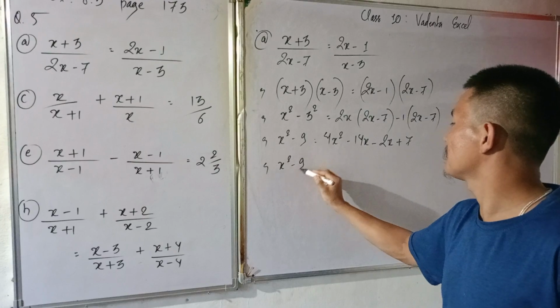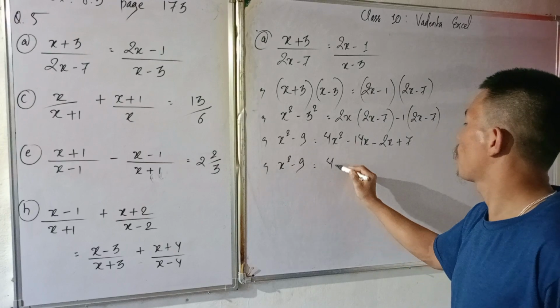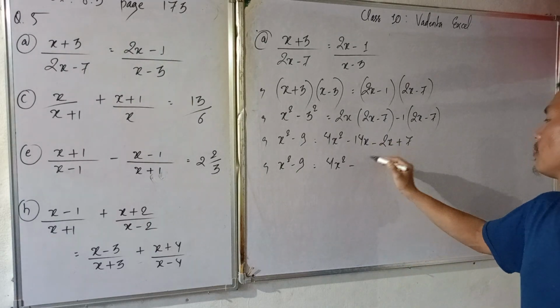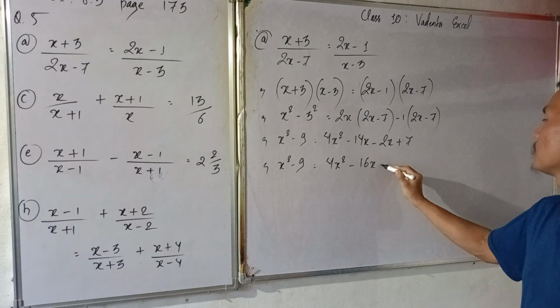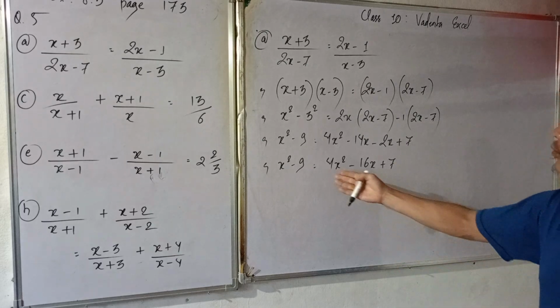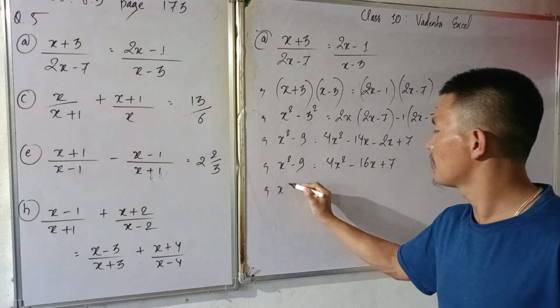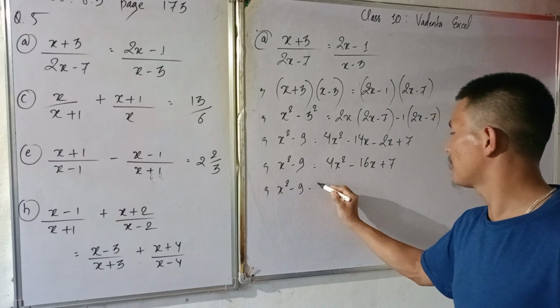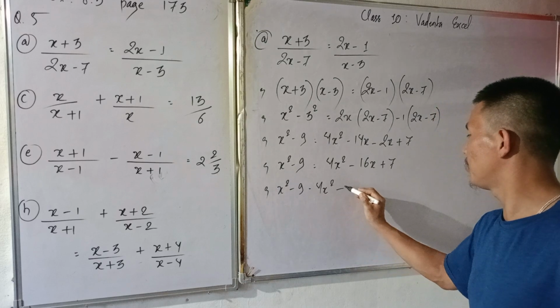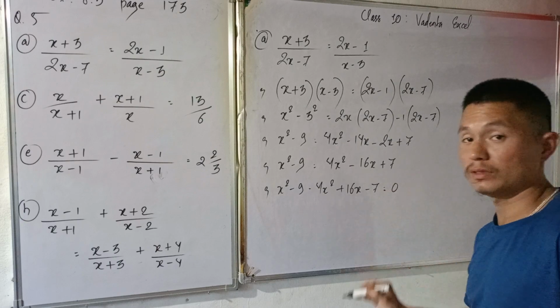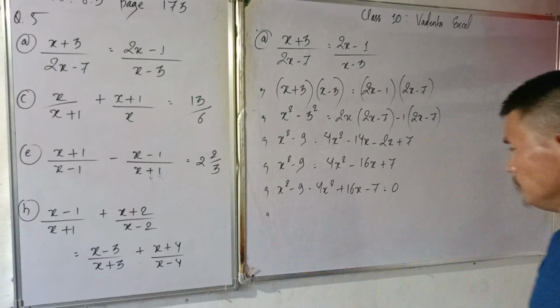x square minus 9 is equal to 4x square minus 16x plus 7. Now move all this to the other side. This becomes x square minus 9 minus 4x square plus 16x minus 7 equals 0.